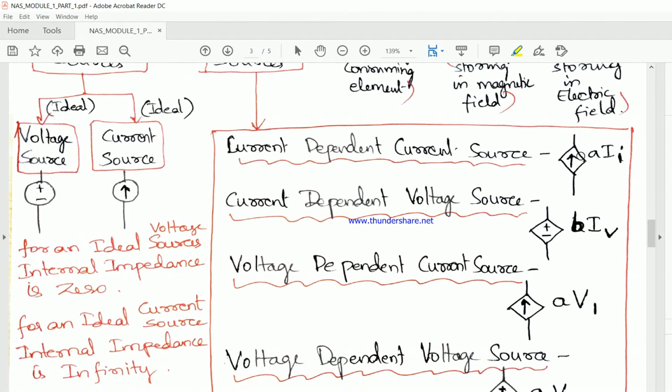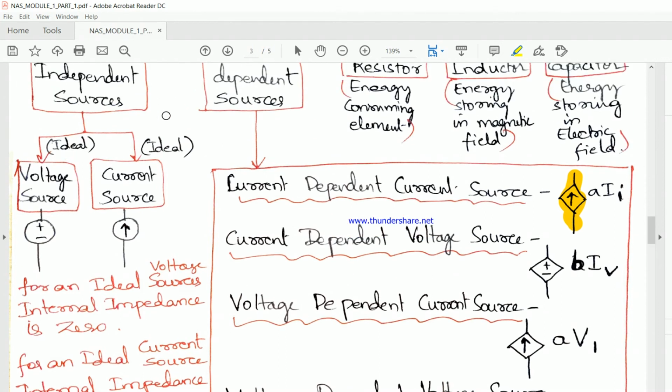Now coming to dependent sources, as I said, dependent sources will be dependent on something. Here a rhombus is the symbol used for a dependent source. A circle is used for independent sources, whereas a rhombus is used for dependent sources. Keep this in mind. Got it?